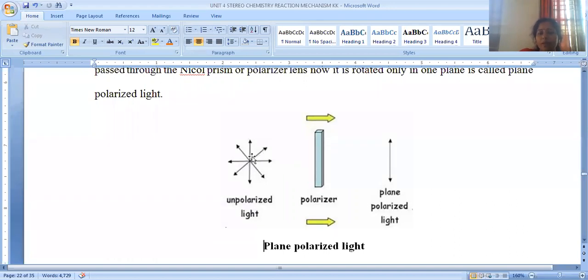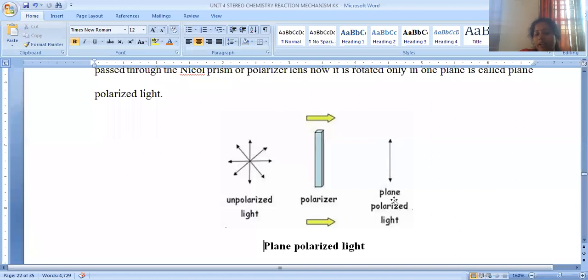But when we pass this light through a polarizer, this is the device. Otherwise, we can take a nickel prism also. When either a nickel prism or polarizer is inserted in front of this natural light, what happens? Light passing in all possible directions is now converted into a single beam or unidirectional beam. That is nothing but the light moving only in one possible direction.